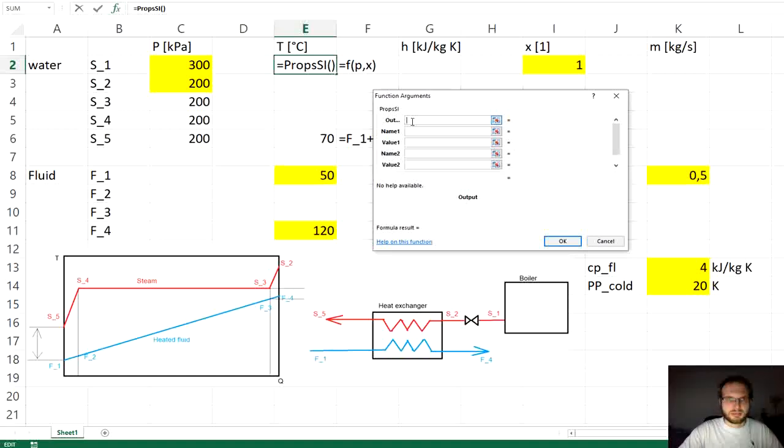So the output of the function, what we want is the temperature, and now comes in the parameters on which we want to base it.